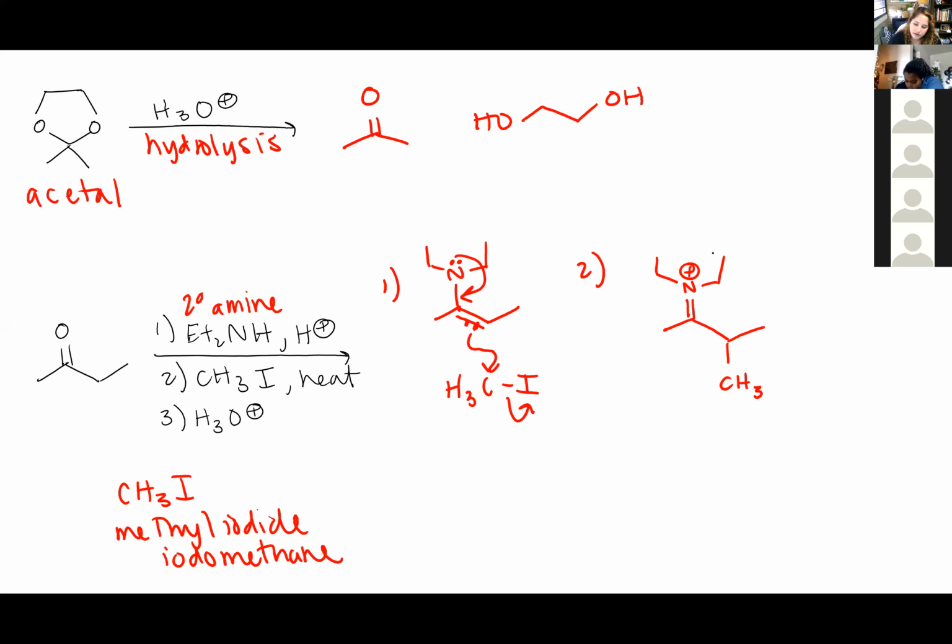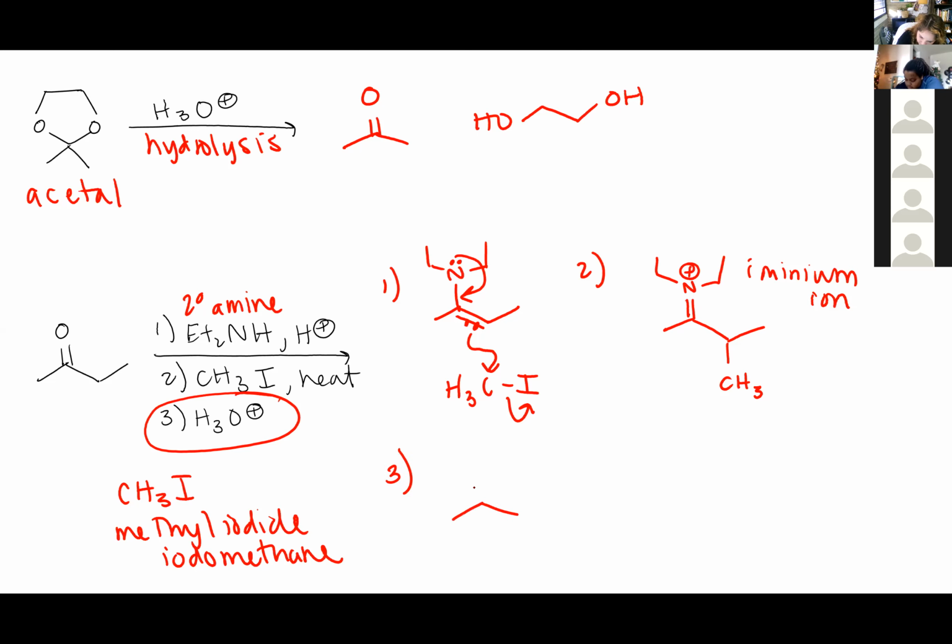Okay, and now we have an iminium ion. What happens when we react the iminium ion with aqueous acid? Doesn't it turn it into a carbonyl group? Yeah, so you're just hydrolyzing the imine back to the ketone.